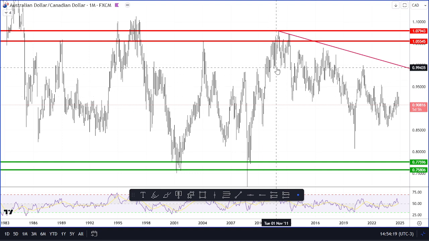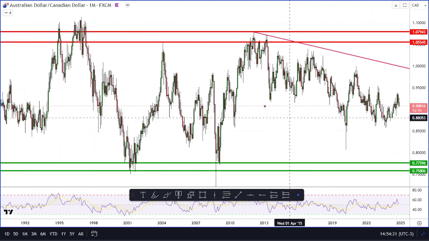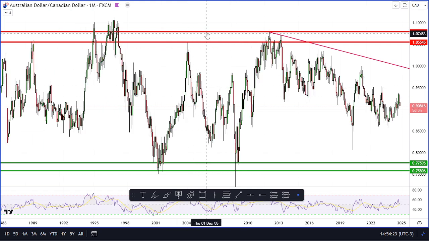And we can see how price, which is the data that we can see, is also maintaining this resistance area and this support area.